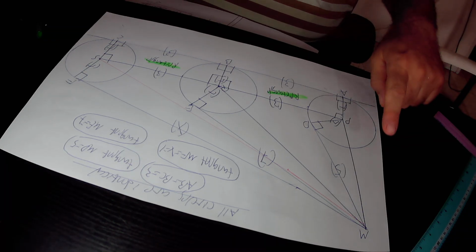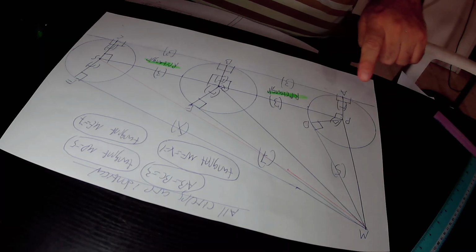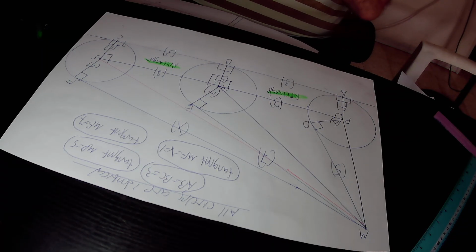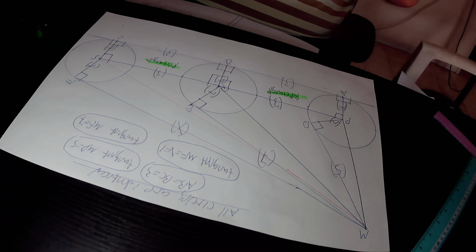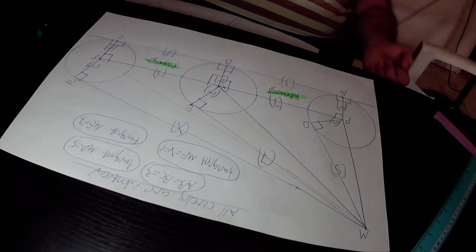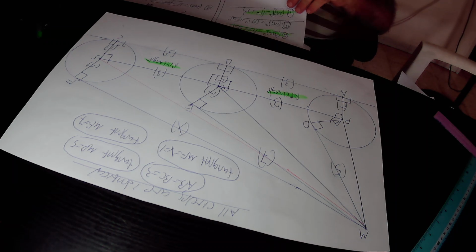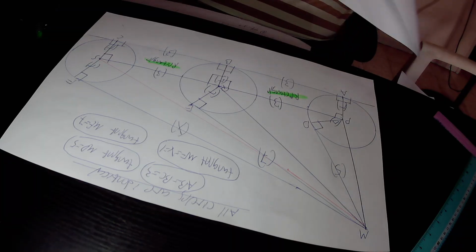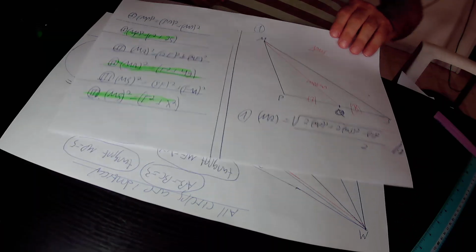In the next step, we join points M and P by a straight line. By joining points M and P, we create the right triangle MPD. Here we implement the Pythagoras theorem with this right triangle. According to the Pythagoras theorem, MP squared equals PD squared plus MD squared.